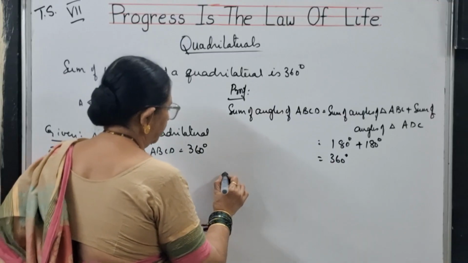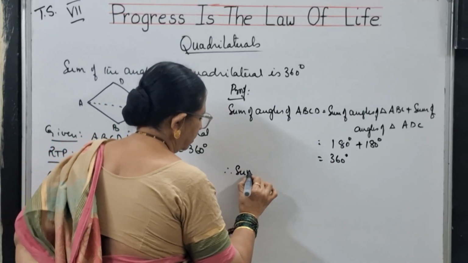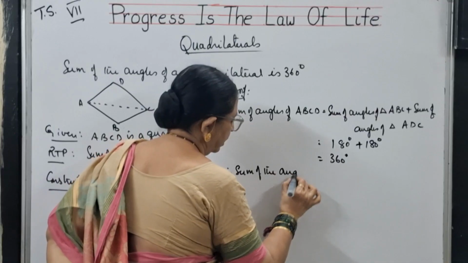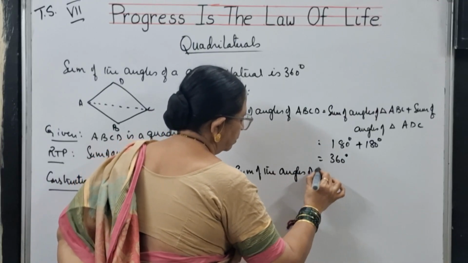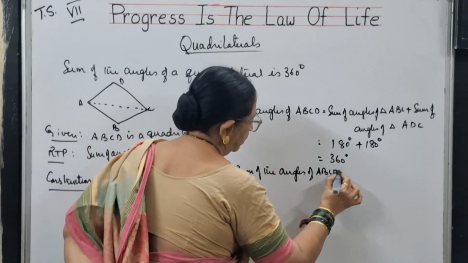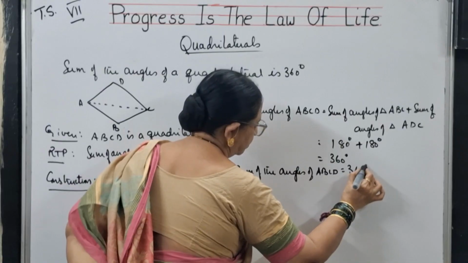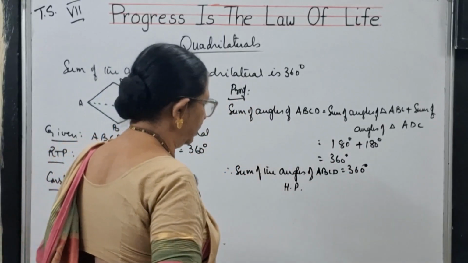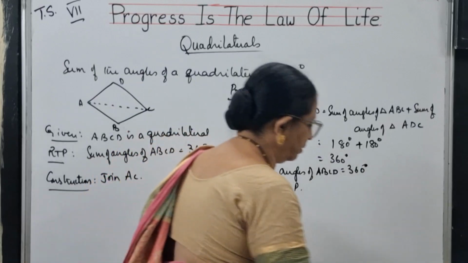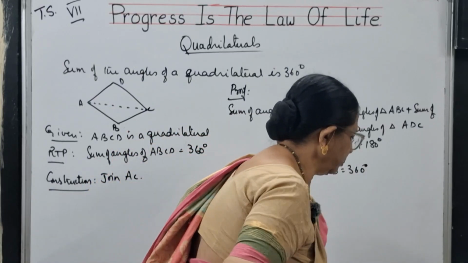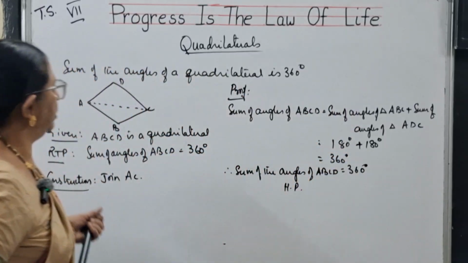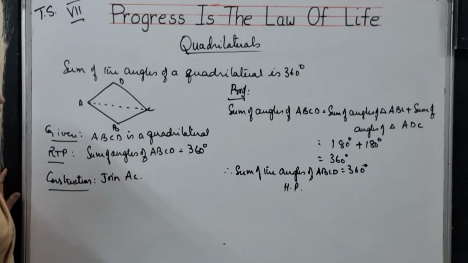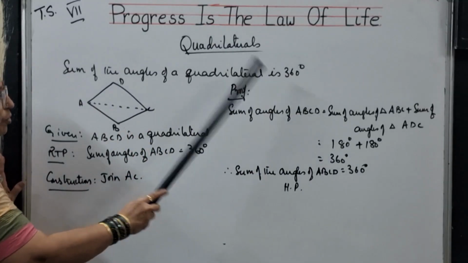Therefore, we will say that the sum of the angles of ABCD is equal to 360 degrees. Hence, proved. This is the proof of this statement, children. What is the statement? Sum of the angles of a quadrilateral is 360 degrees. This you have to prove.